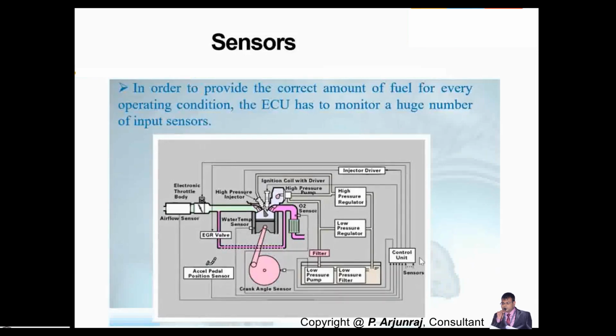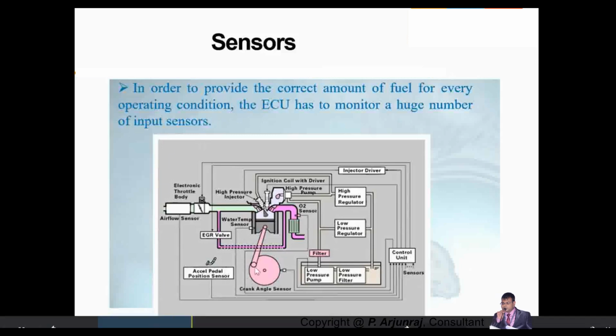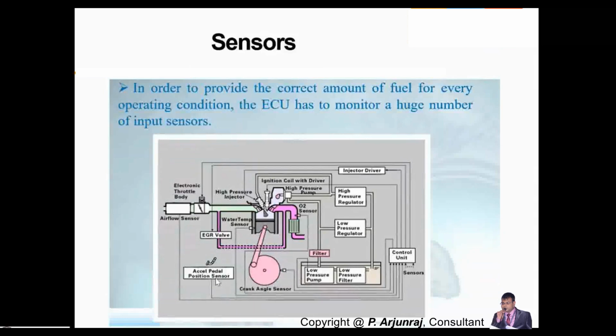You have the sensor which gives a signal based on the engine speed to the electronic control unit, and accordingly the acceleration is the input. You press the accelerator pedal to increase the speed of your vehicle.